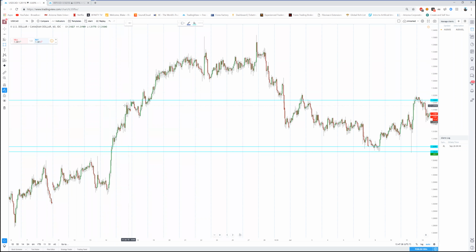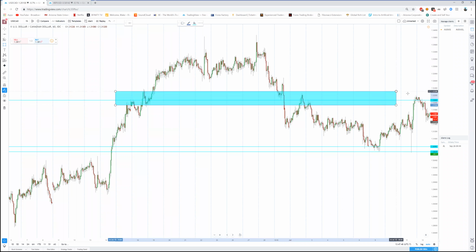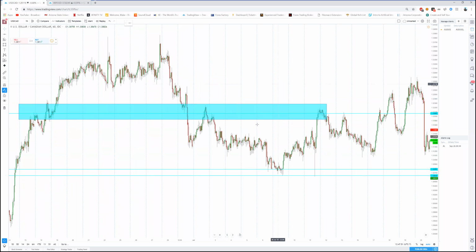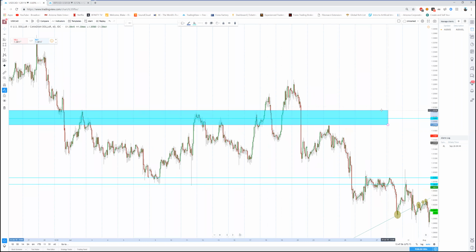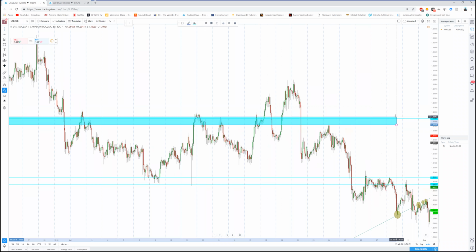I'm going to use the top of this green candle body here to start the zone. And then we're going to scroll over. I'm not done with that one yet, I'm just scrolling over so we can see a better point. For the top, we definitely want to encompass the price reversal point.